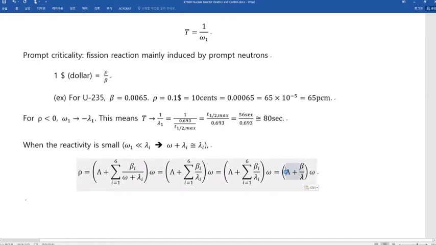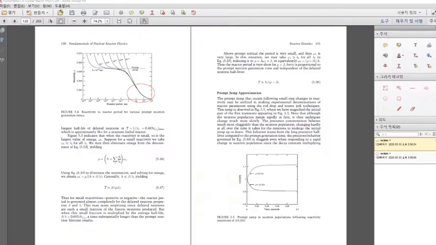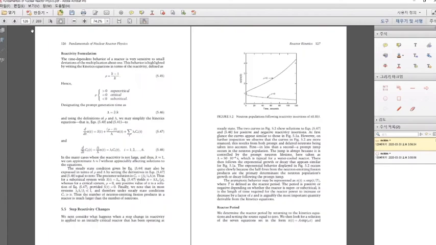When we compare prompt generation time and beta over lambda, in fact, prompt generation time was defined as L over K. That's equation 5.46. So this was the definition of prompt generation time, L over K.